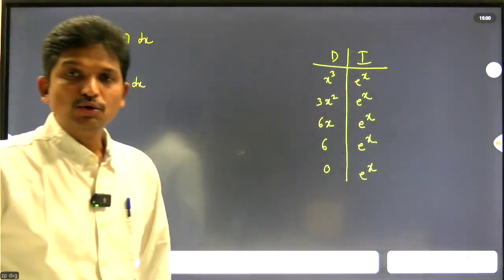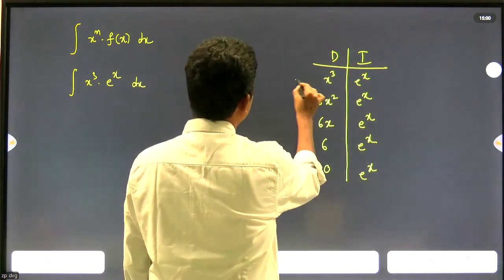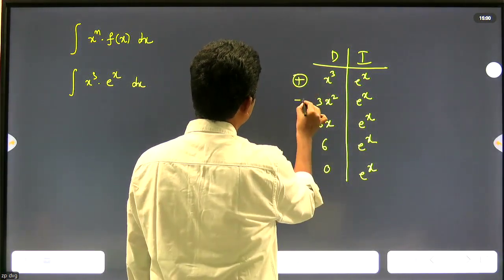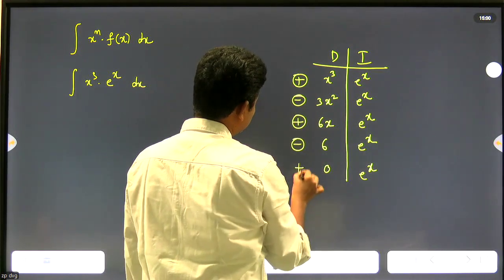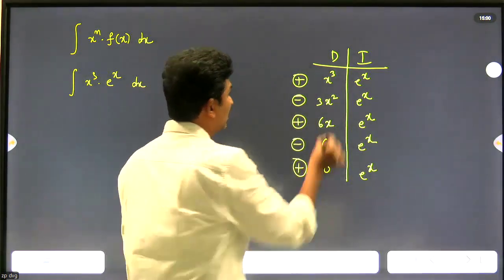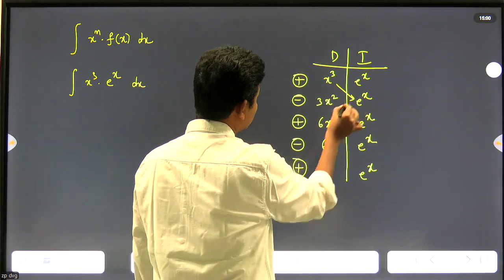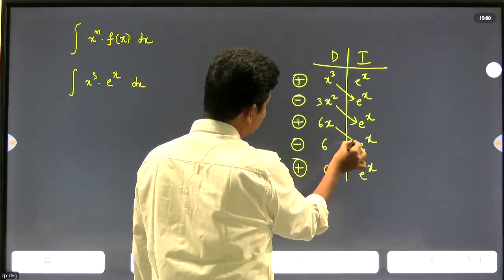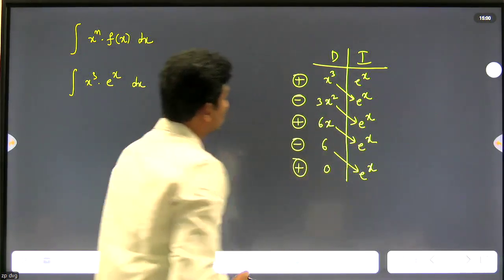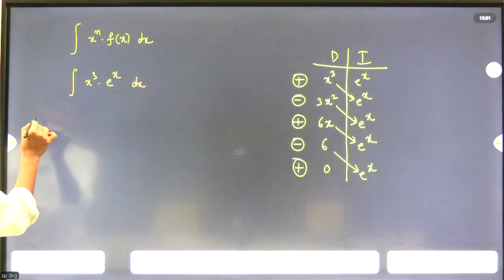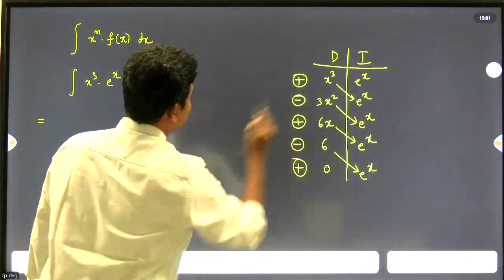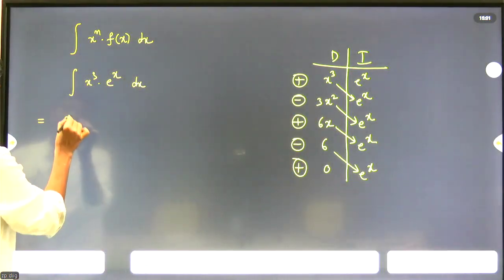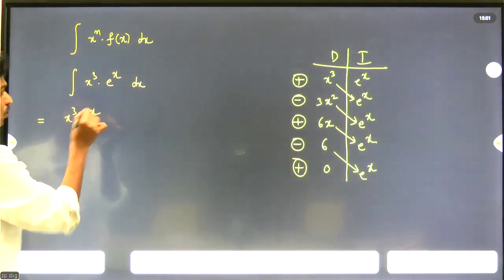Now you write the symbols on this side like this: plus, minus, alternate symbols, plus, minus, plus, minus. You write like this, and you multiply like this. You multiply these terms, all right? So what will you get? See, the answer is, here the plus symbol is there: plus x cube into e power x, okay?